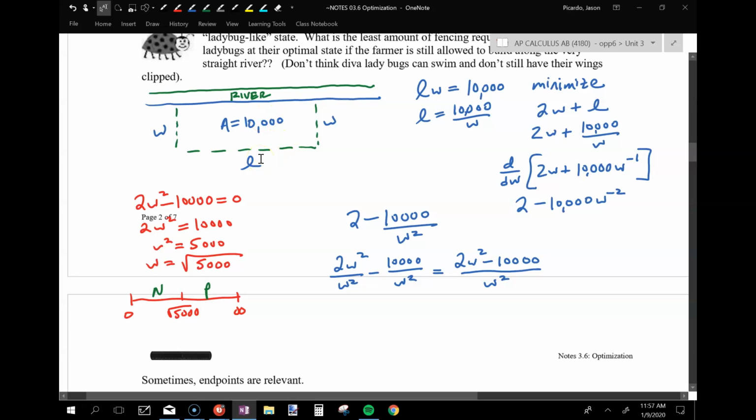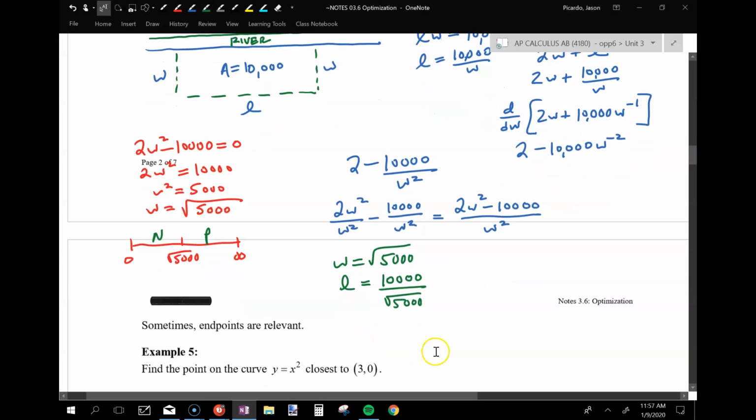So our W value is radical 5,000, which means our L value is 10,000 over radical 5,000. And of course, if you had to rationalize that, you would. I'll leave it like that because I'm lazy.